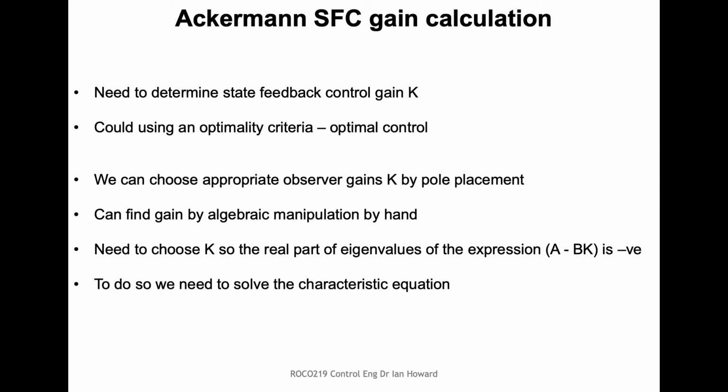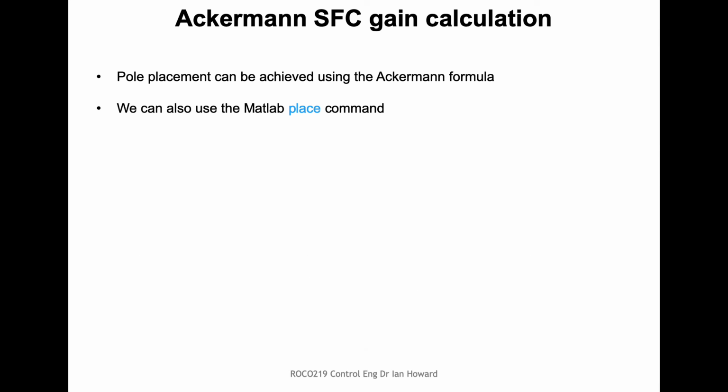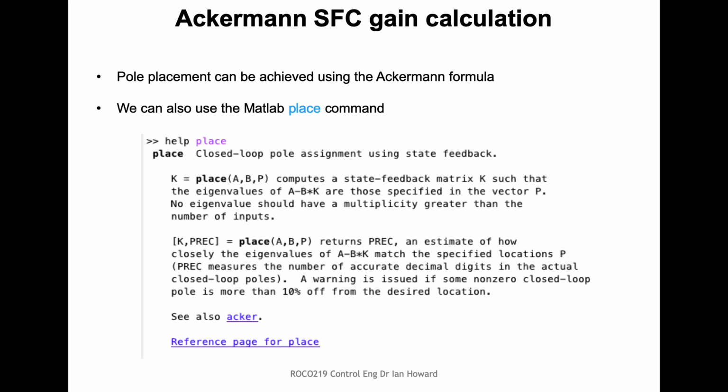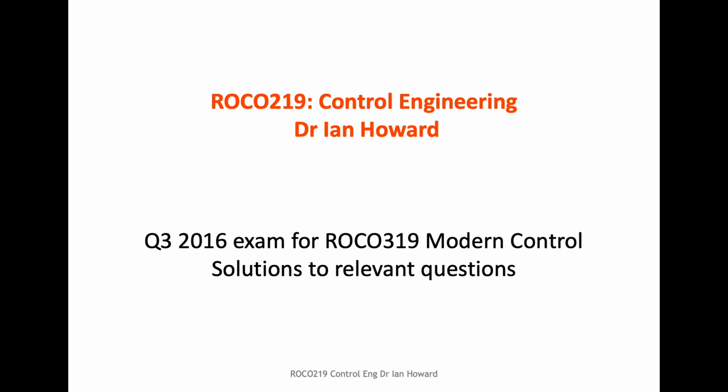To do so, we need to solve the characteristic equation: the determinant of A minus BK minus lambda I equals 0. We can also do this automatically in MATLAB using the place command. I suggest most of you have done that. You can have a look at it again, look at the help on that.